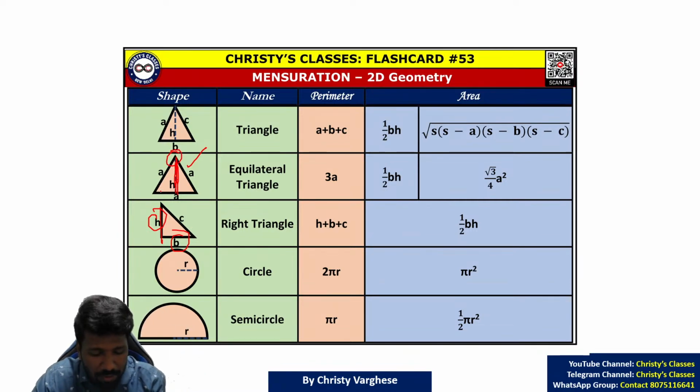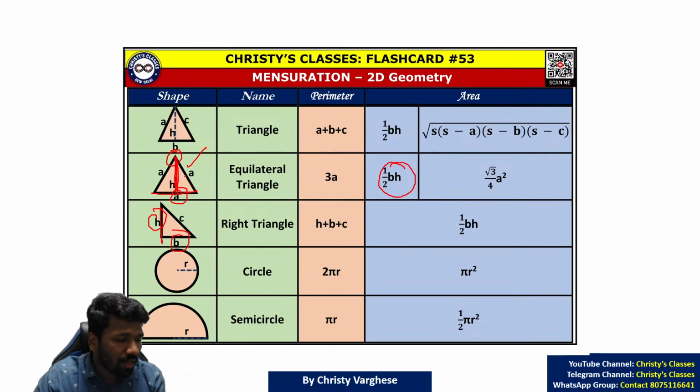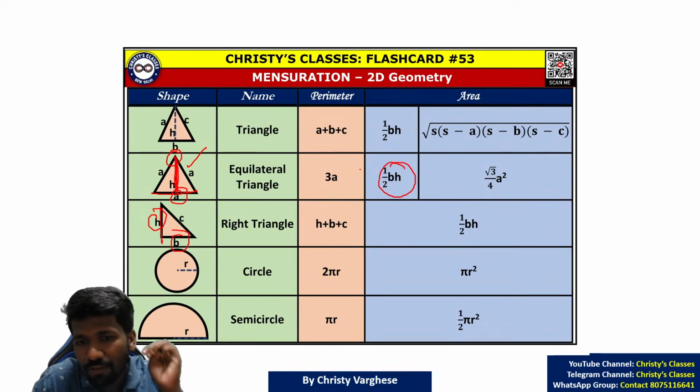So in this case, this is the height for this base. So if A is the base, half base into height, or half A into H, will be the area of the equilateral triangle using the base and height formula.